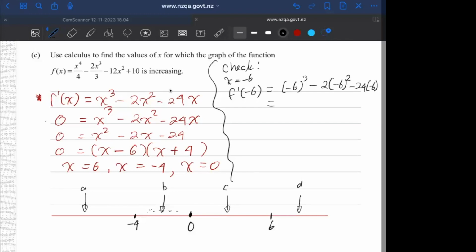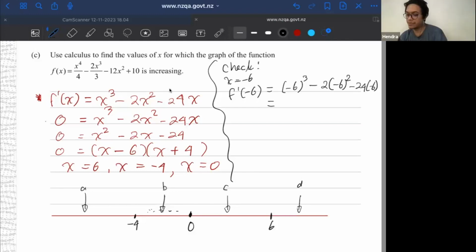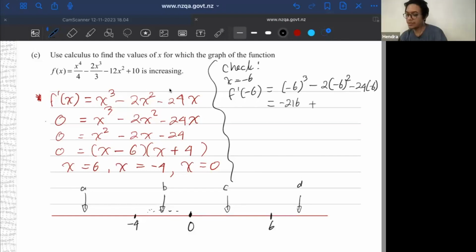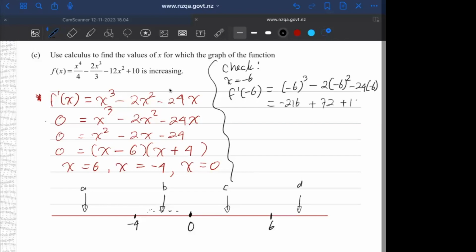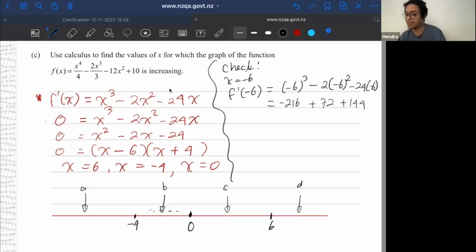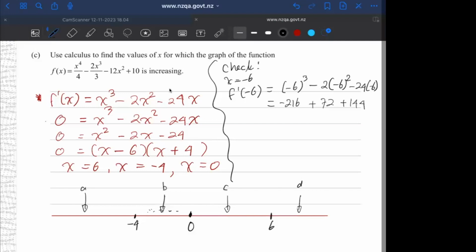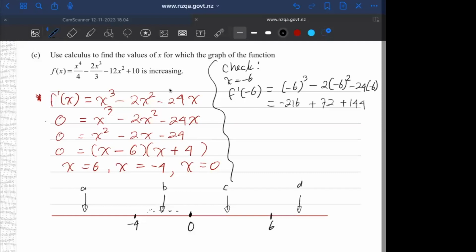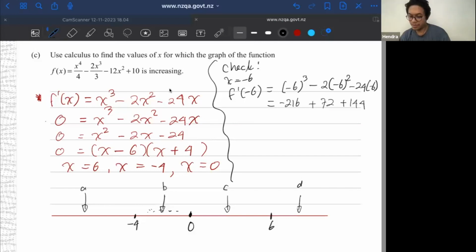Less. -216 plus 72 plus 144. Oh, yeah, 216. Huh. Doesn't make sense. Maybe that was a bad example? Or we got something wrong.